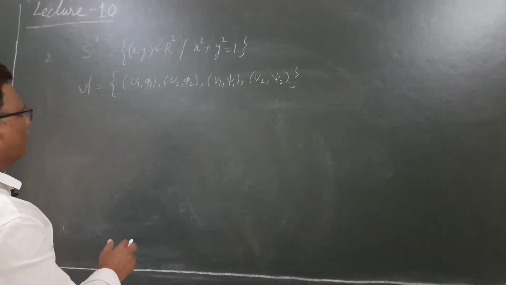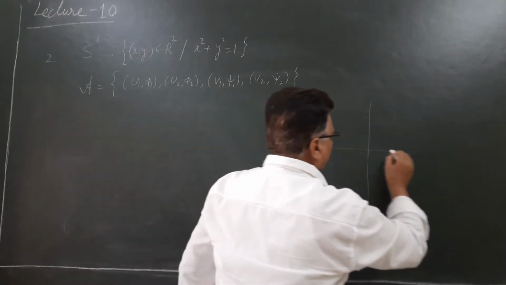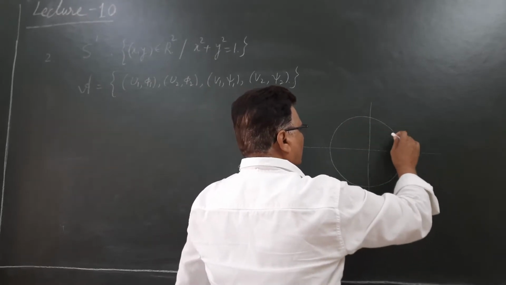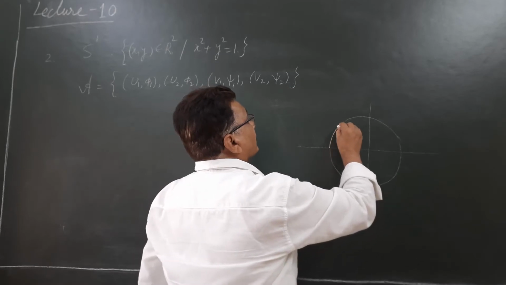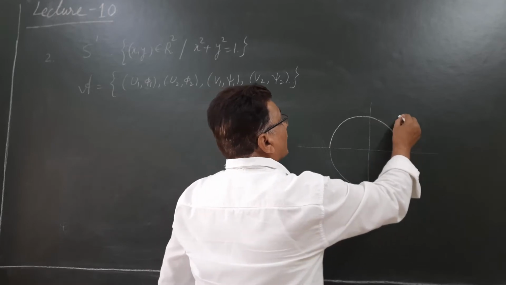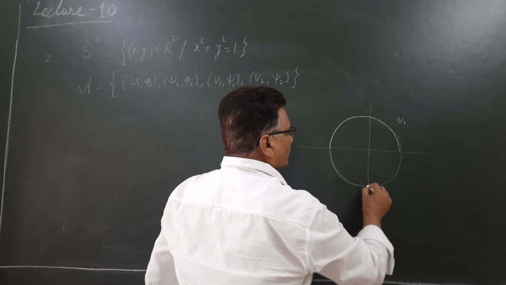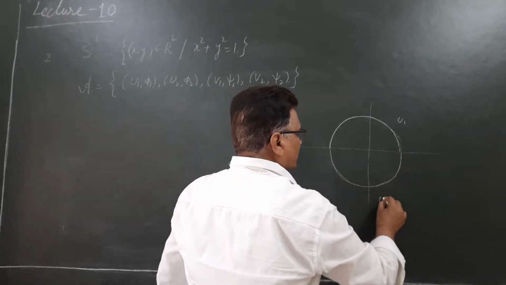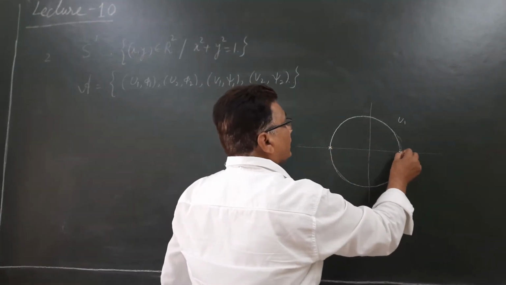Now, if you look at the figure, this is the unit circle, and the upper semicircle I am calling U1. The lower semicircle below the x-axis I am calling U2. On both occasions, these endpoints have been excluded.